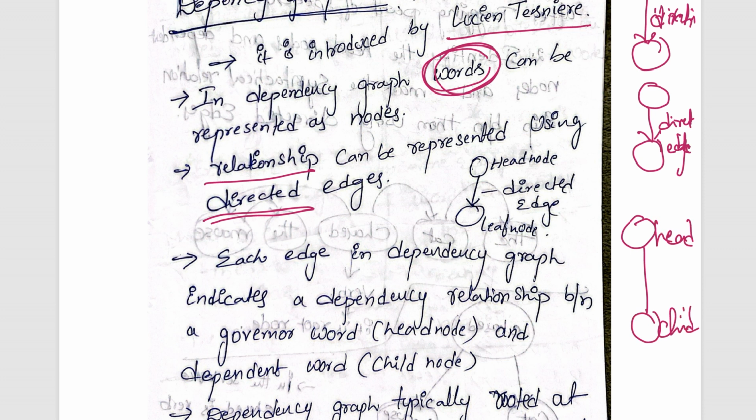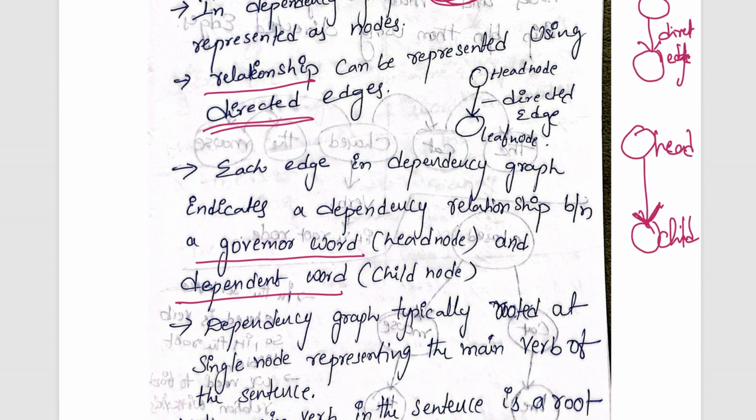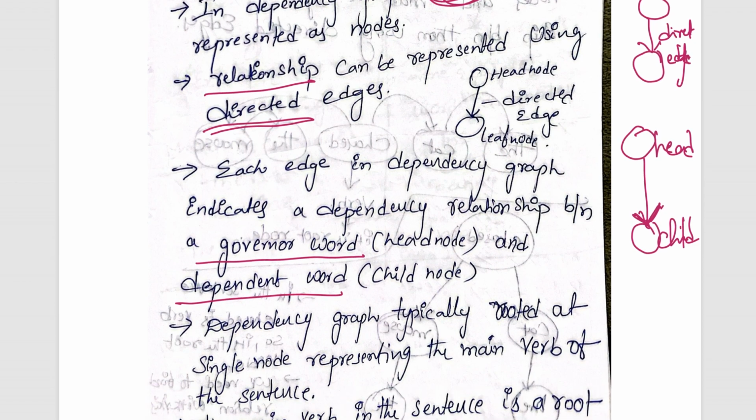For example, this is a head node and this is the child node, and this dependency relationship shows the head node and child node relationship. The head node is also called the governor node and the child node is also called the dependent node.